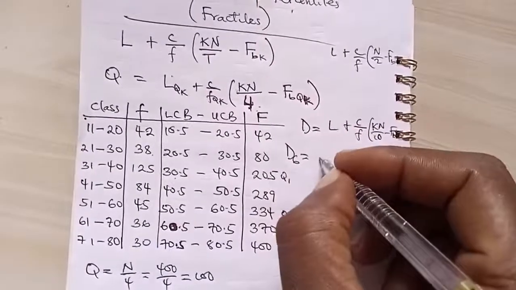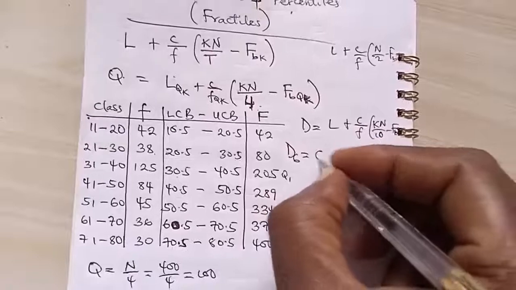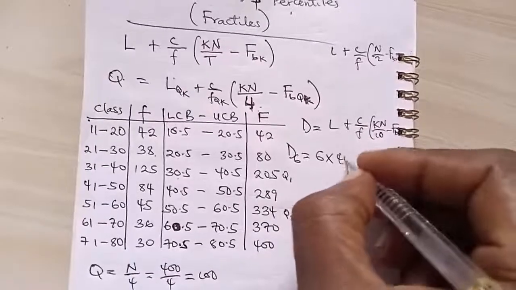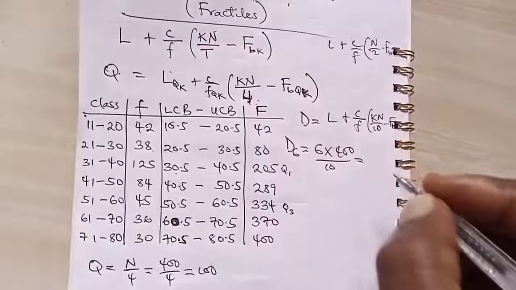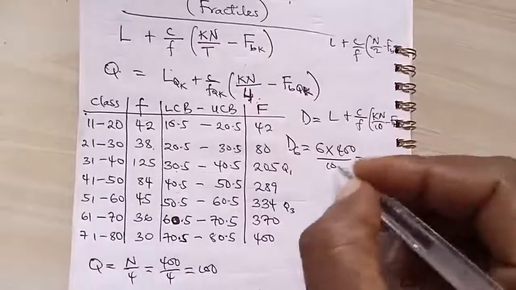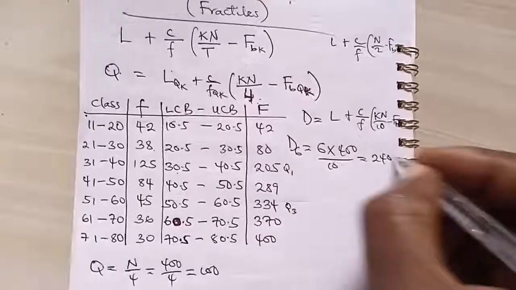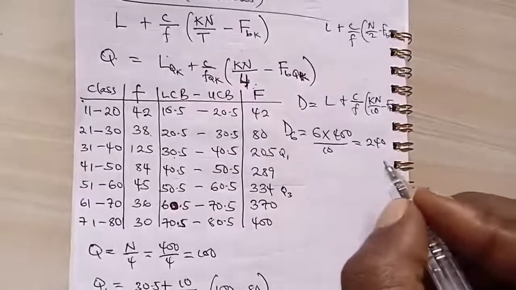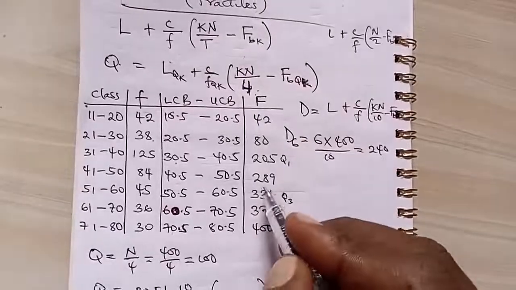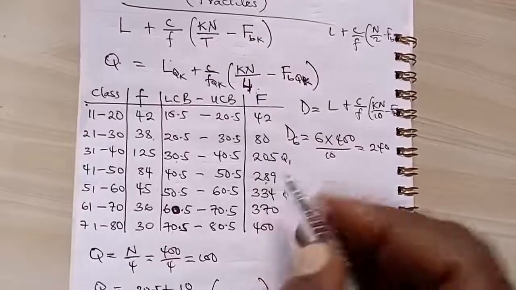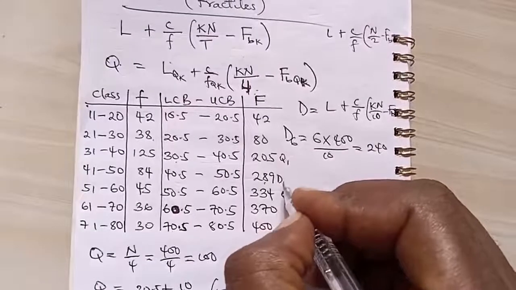So for us to find where it lies, we say 6 times 400 over 10, so what we'll get is 240. If we get 240, we go to the cumulative frequency and look for the first place that contains 240, which is here. So here becomes our decile class.